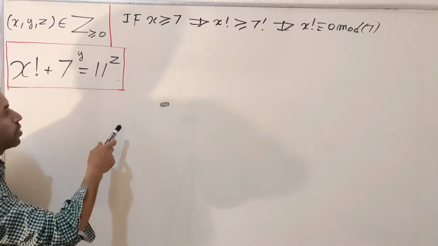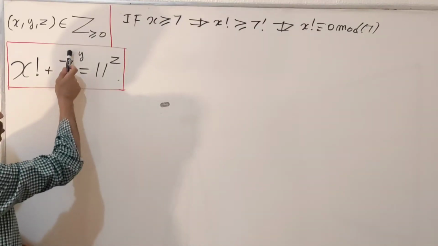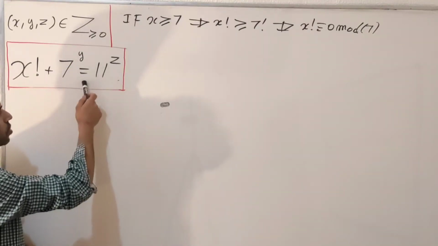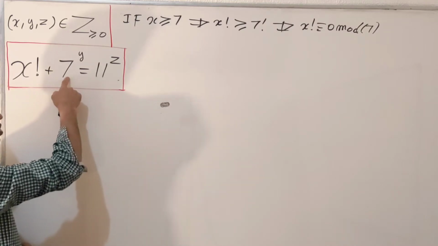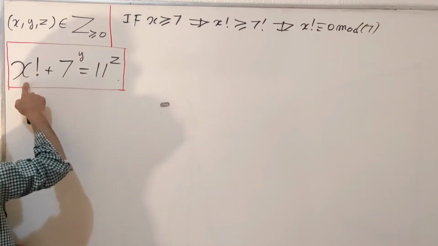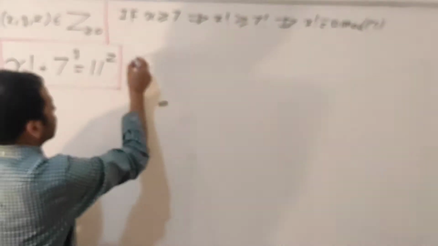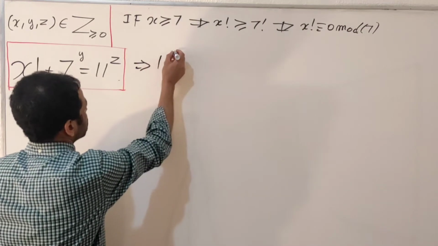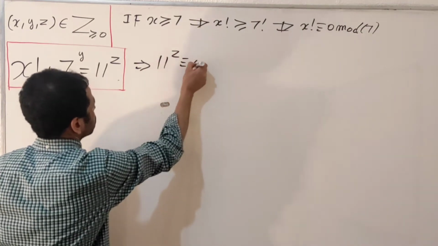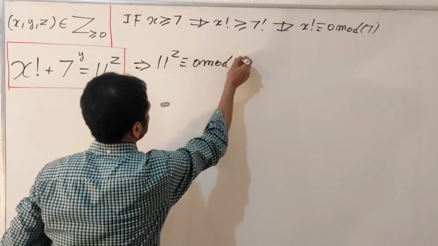By reducing this equation mod 7, this term is congruent to 0 mod 7 and this term is congruent to 0 mod 7, which means 11 to the z is congruent to 0 mod 7.